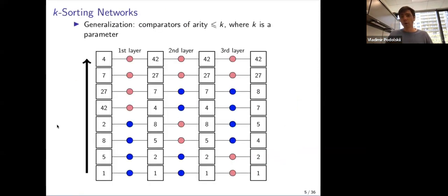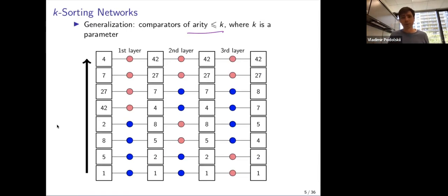Now, what we will actually do in this talk is consider a generalization of this model. We will call it k-sorting networks. Instead of comparators that compare 2 numbers, we can have comparators that compare up to k numbers, where k is a parameter.